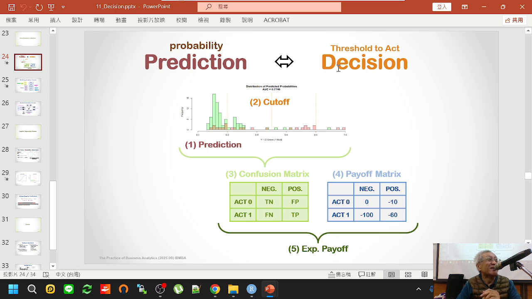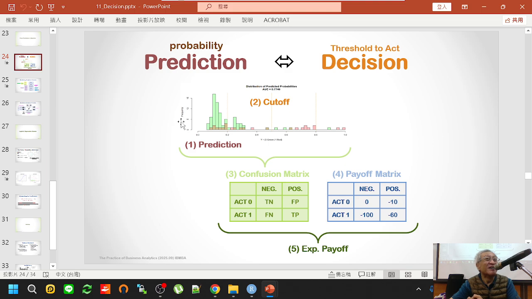So what kind of decision are we making? Our decision is based on the result of data and prediction. When we make the model, we make the prediction. For every diabetic patient, we can predict the probability of being poor care.